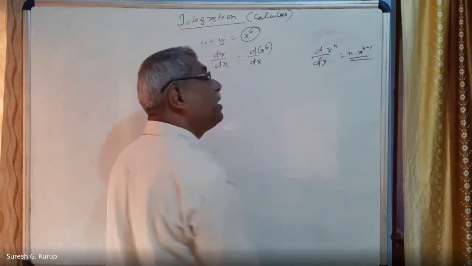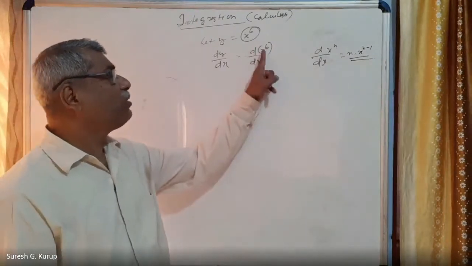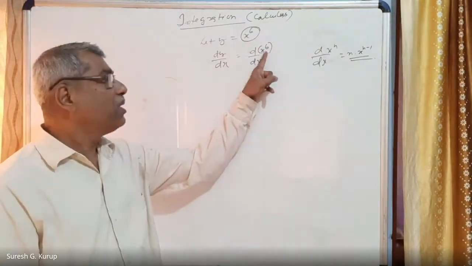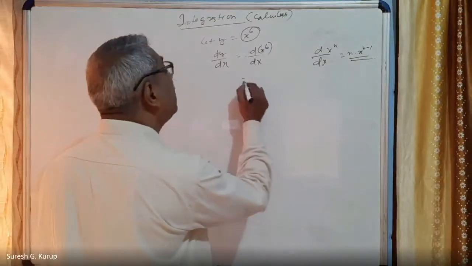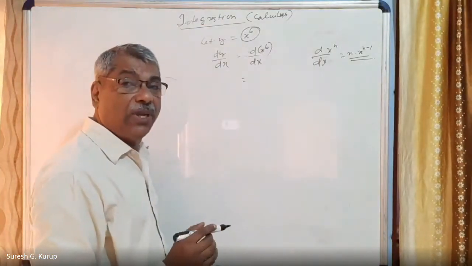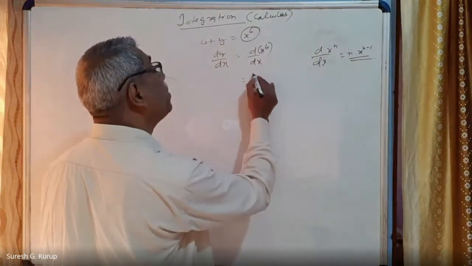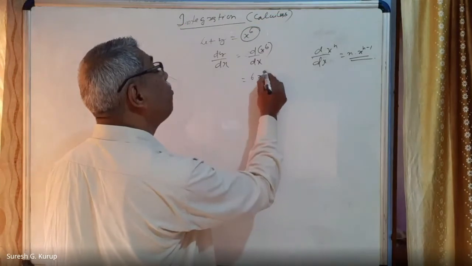This is the rule, how it is operated in differentiation. So this is also the form of x raised to n only. Hence in the place of n, here we have 6. Therefore, this is written as 6 x raised to 5.